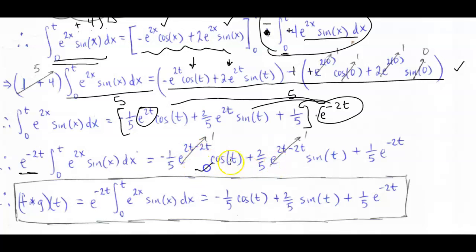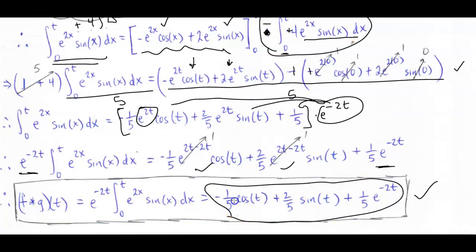Okay, and we see that happens for both of our first two terms. And then, of course, for the second term, it's just 1/5 e raised to the negative 2t. And so our result actually ends up being that f convolved with g is going to be all of this. Okay.